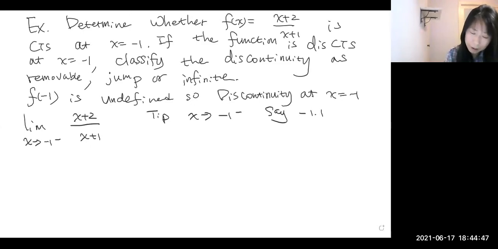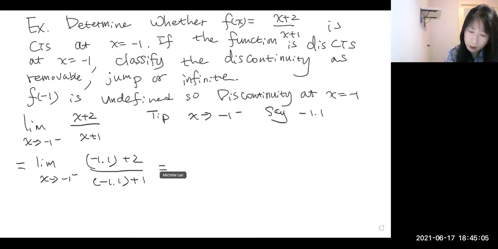So we plug in negative 1.1 plus 2 and negative 1.1 plus 1. We don't have to calculate it. We just do sign analysis. So the numerator is positive, yes or no?